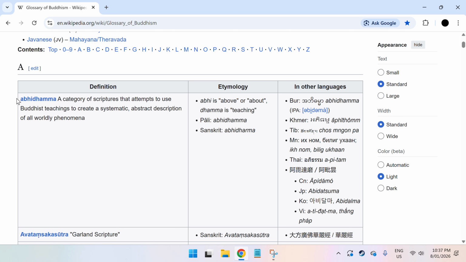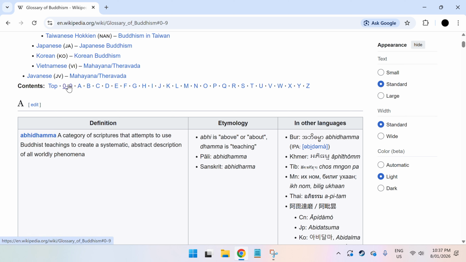One thing I wanted to check here is if we click on 0 to 9, no, there's nothing there. It's all listed on this page. But there are going to be some words in here, some concepts that start with a number.